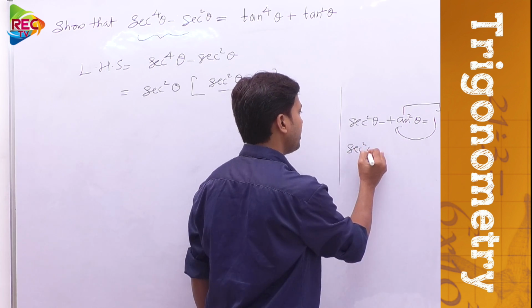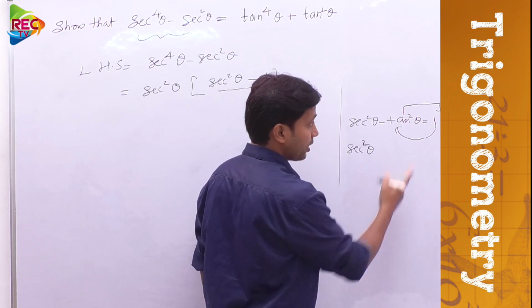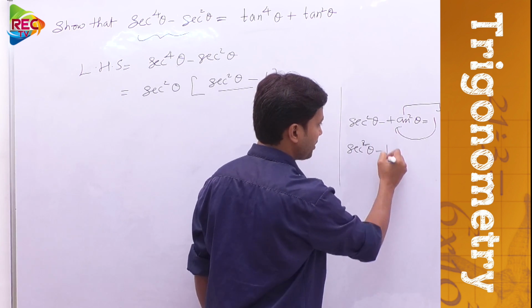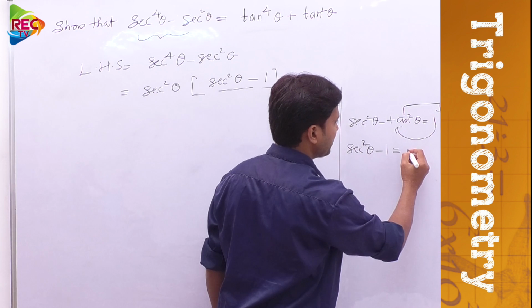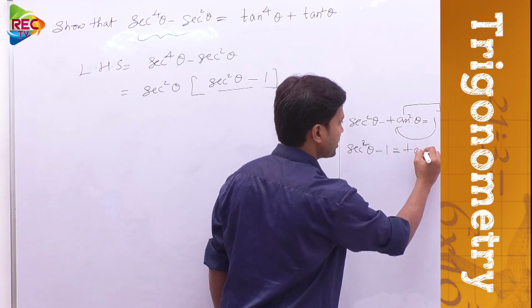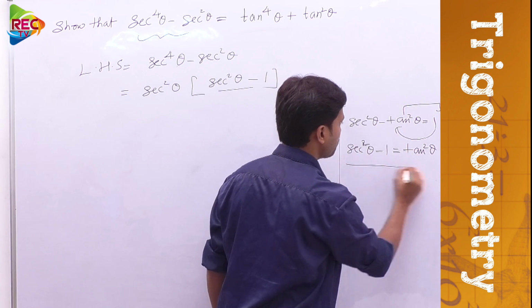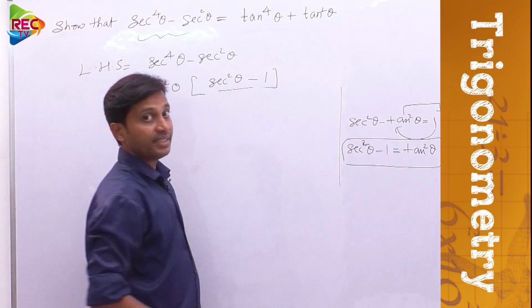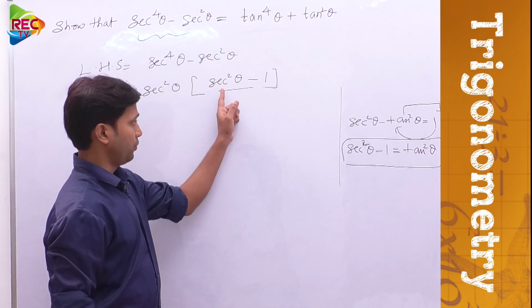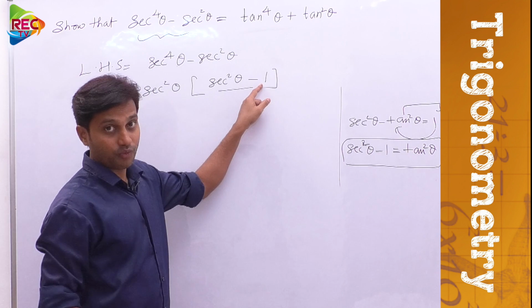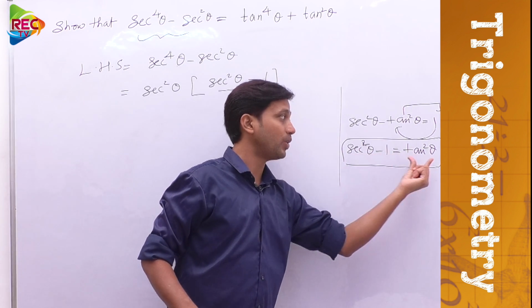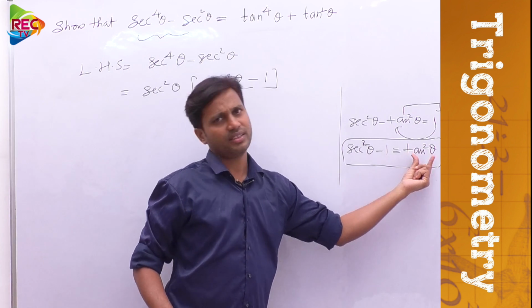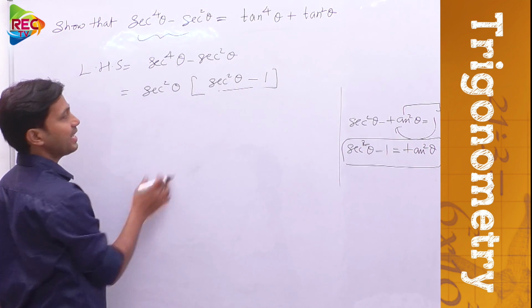Secant square theta remains same. Now this plus 1 becomes minus on coming to this side, and on getting to this side minus tan square theta becomes plus tan square theta, right? So this is what we need. We also got secant square theta minus 1 inside the bracket. Can we replace this secant square theta minus 1 with tan square theta or not? Exactly. So here we can replace it with tan square theta.